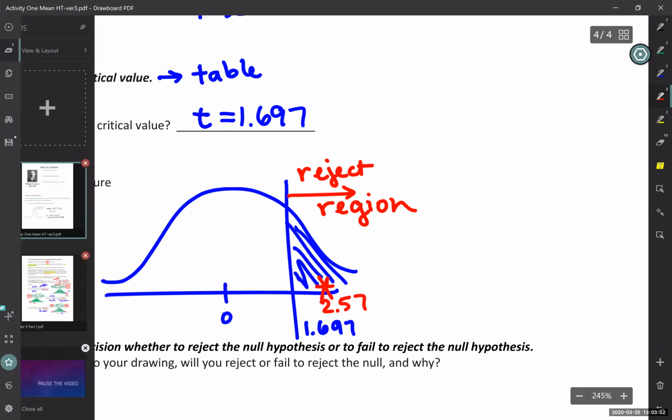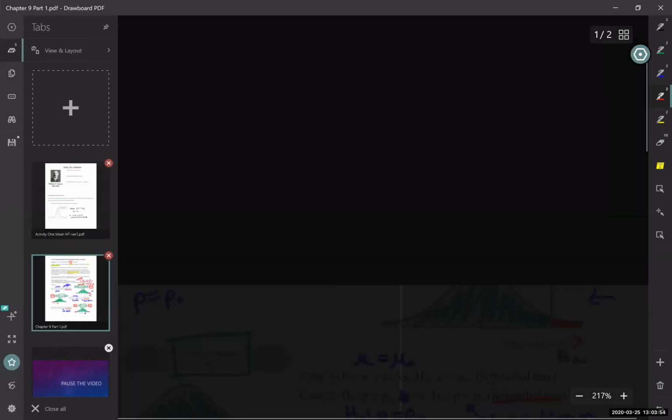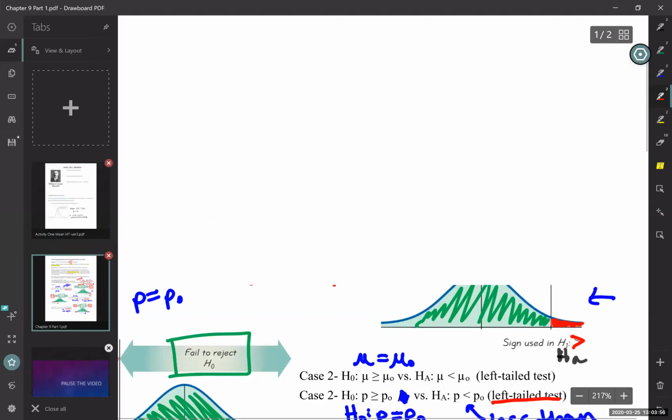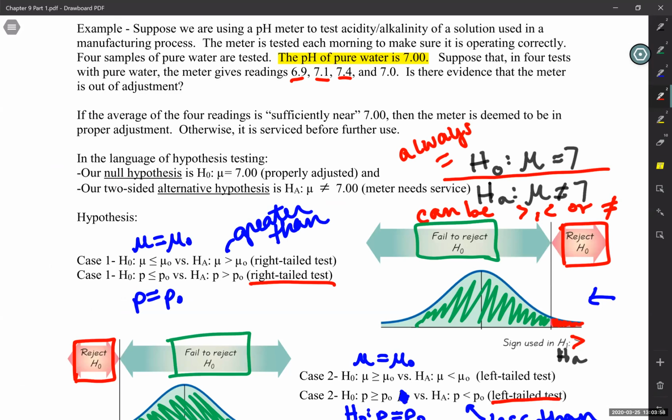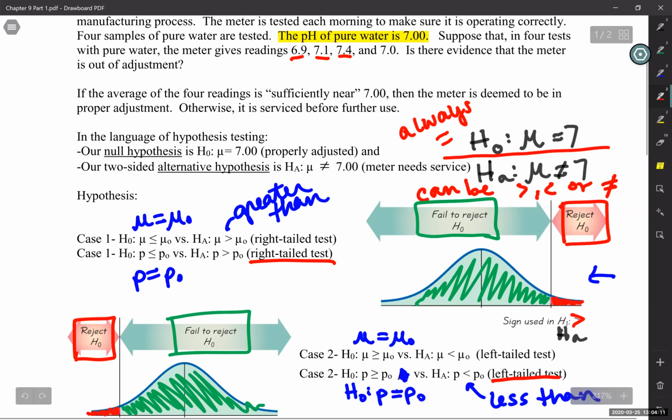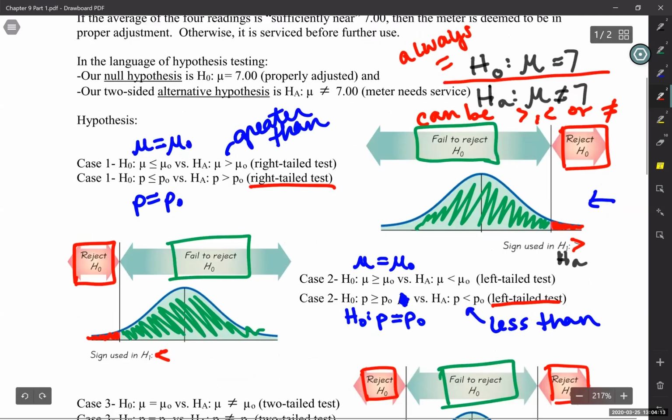And so going back to our notes from the other day, on the right side, we're going to reject the null hypothesis, and all the green stuff over here was to fail to reject the null hypothesis. So anything to the right on a right tail test is the reject region. Anything to the left on a left tail test is the reject region.